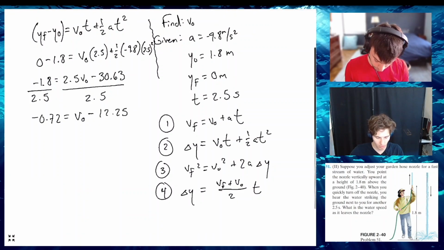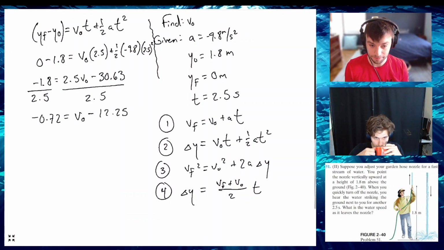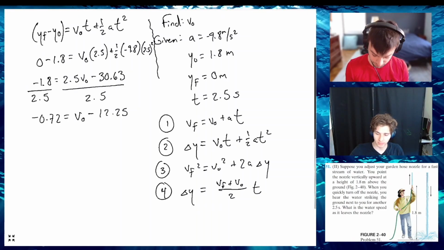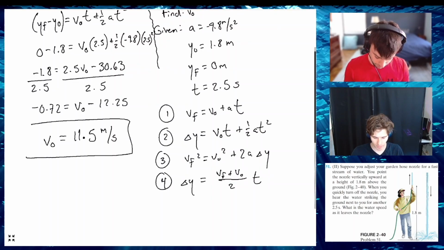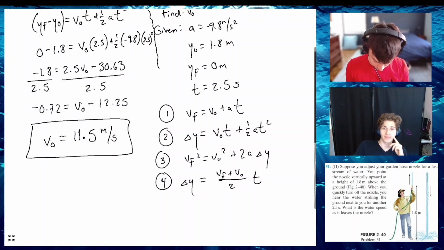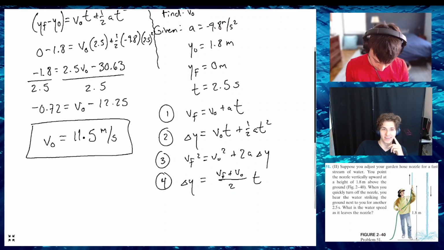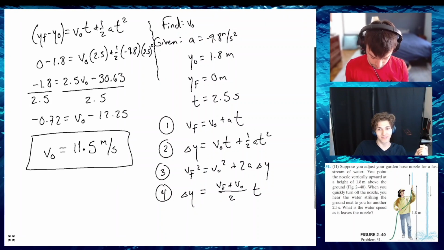We could add 12.25 to the other side. Perfect. And then we would get our answer that way. Let me know what you get for the final answer. I got 11.53. Nice. Same here. Great stuff. That's it for this one.